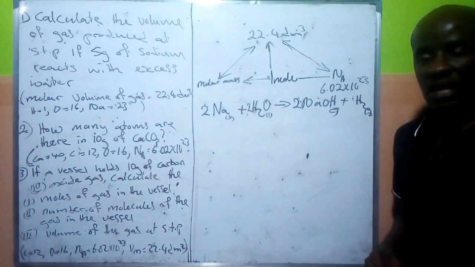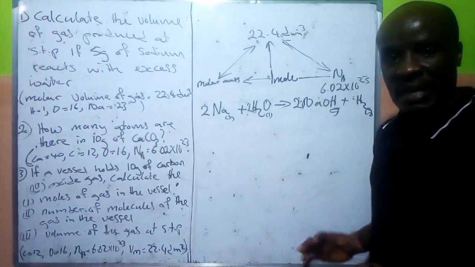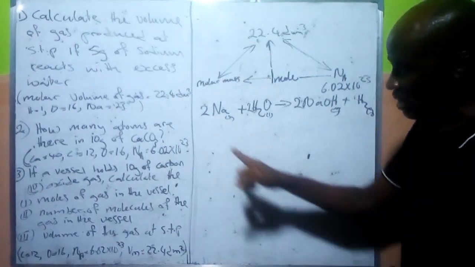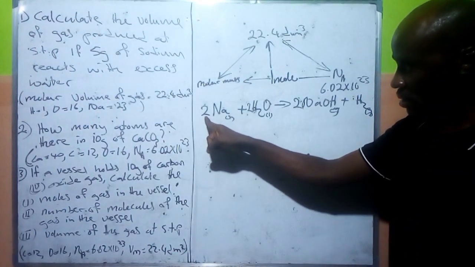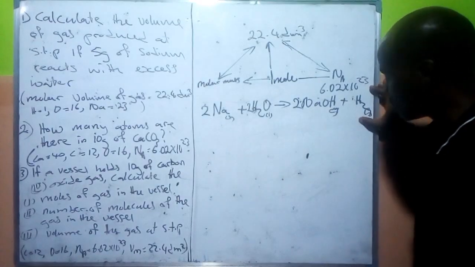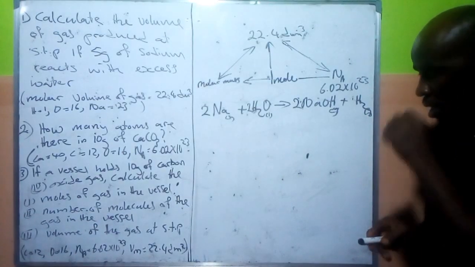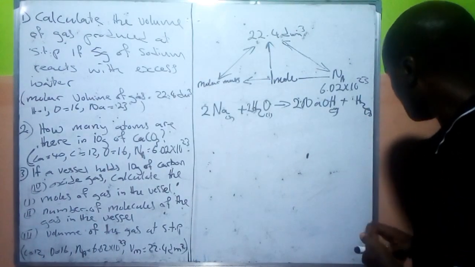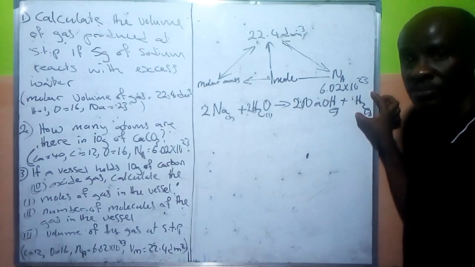Looking at this, you compare the relationship. From this balanced chemical equation, note very well, it means that 2 moles of sodium will give us 1 mole of hydrogen.